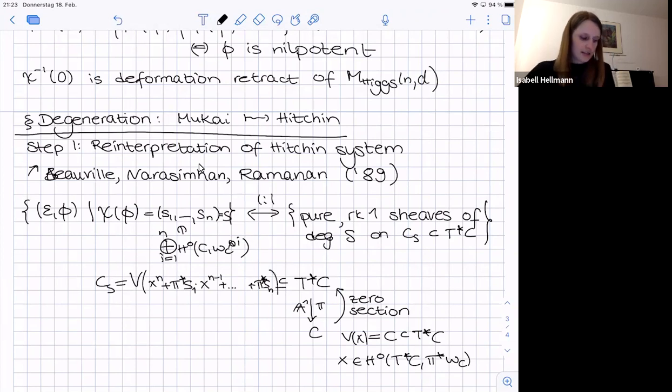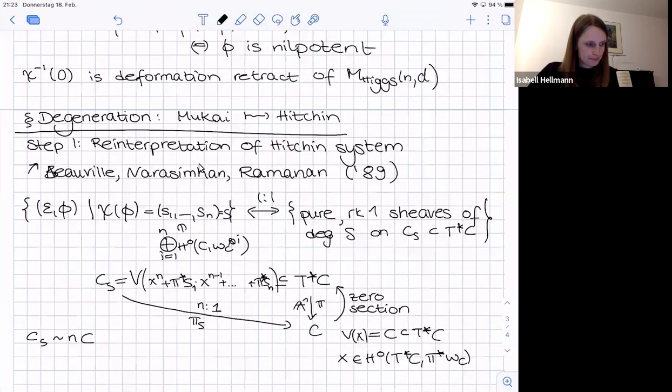So this defines a curve inside the cotangent bundle surface. And so you can restrict the projection to this curve C_S. I call it p_S. And by definition, it's an n-to-1 covering of C. And actually, C_S is linearly equivalent to n times the zero section.